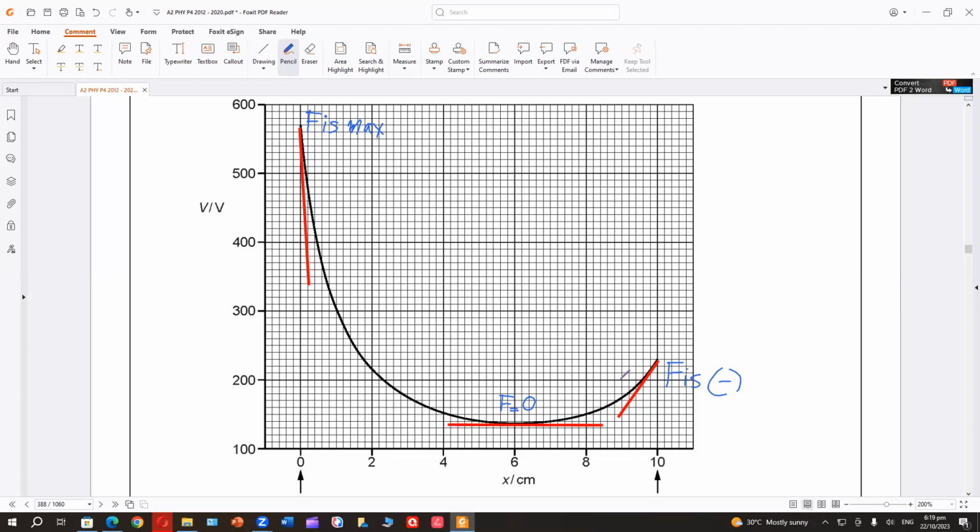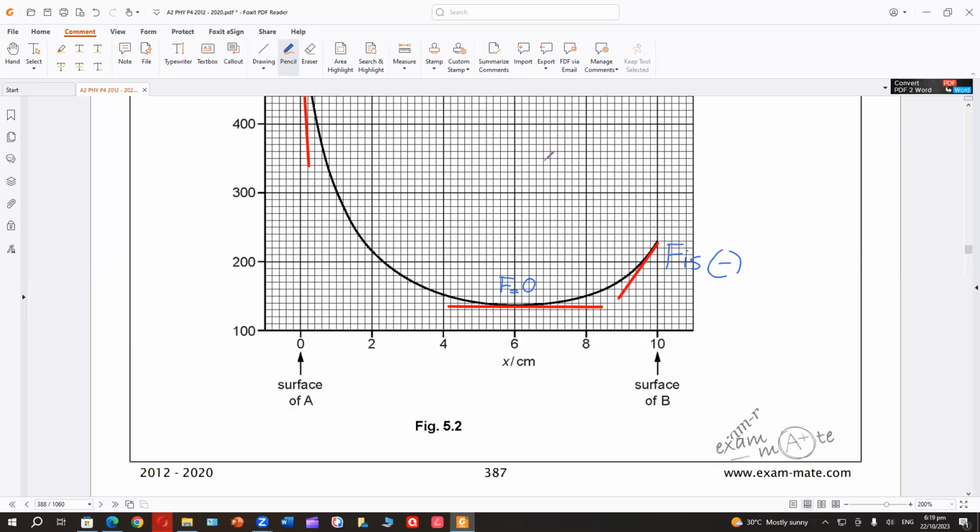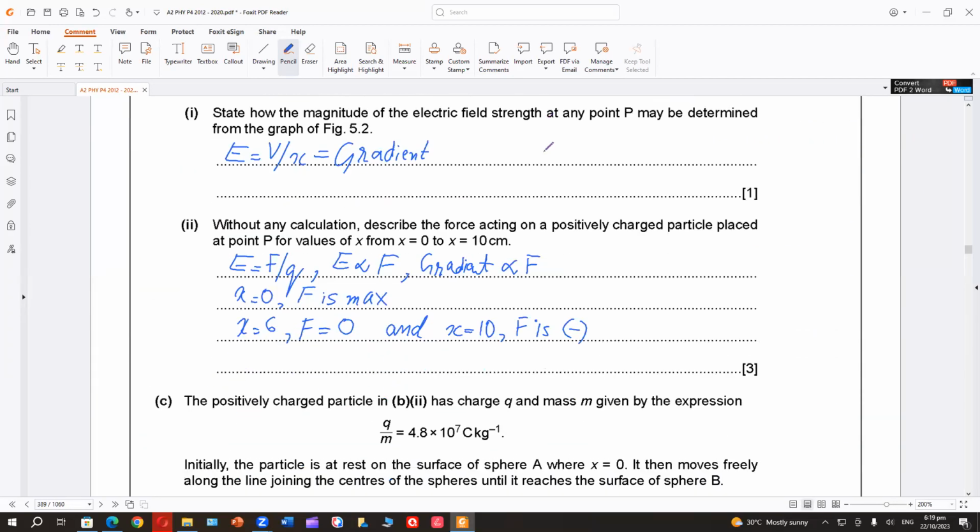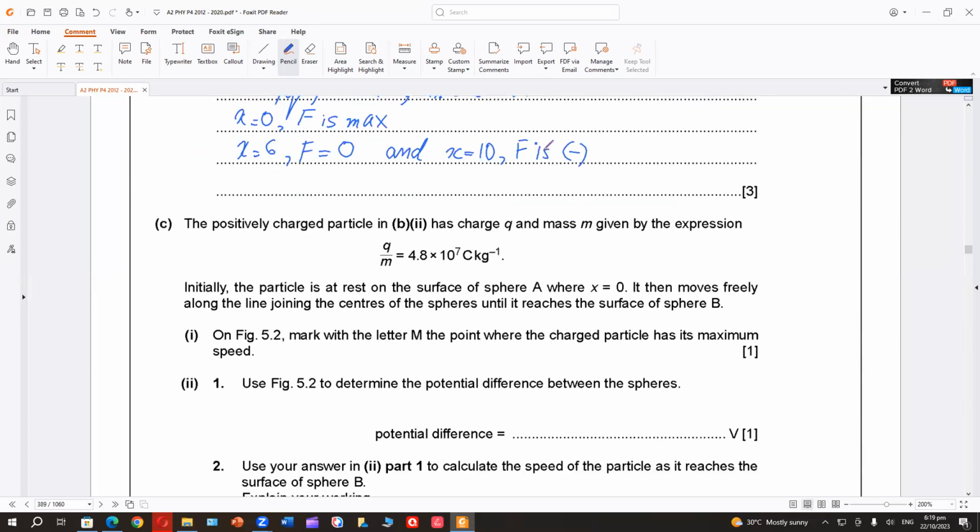When the force is zero, acceleration is zero at 6. This is a possible answer, right? Very good answer. What is the logic for this answer? Remember that he's asking for where the particle has maximum speed.